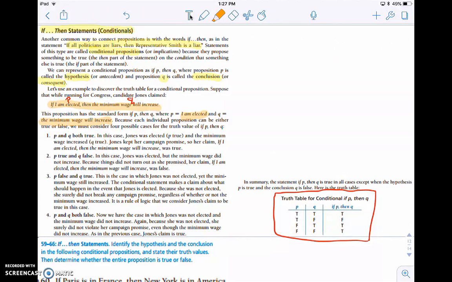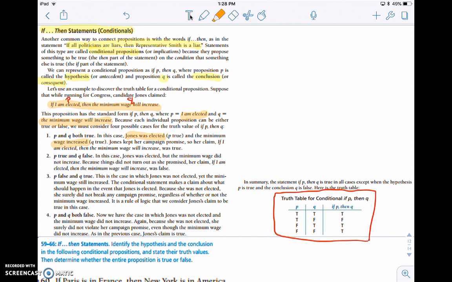So let's look at the first scenario. If P and Q are both true, so if the person is elected and the minimum wage increases. Okay, so in this case, Jones was elected, whoever this Jones candidate is running for Congress, and the minimum wage did indeed increase.